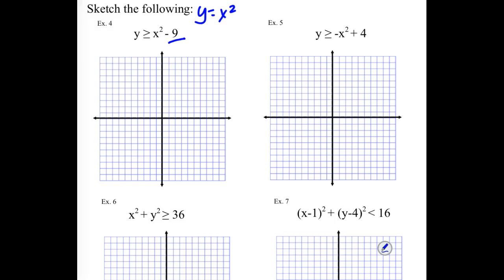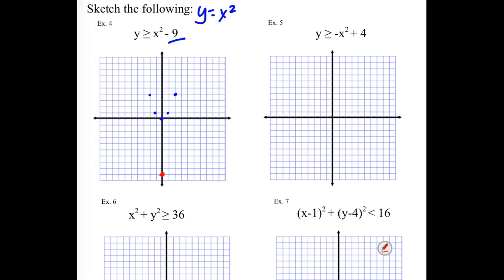Okay, so a basic parabola, just y equals x squared, has those 5 points, right? 0, 0, 1, 1, 2, 4, and then their mirror image. Can we move those all down 9? All right, so shifting down 9, our vertex is going to be there.